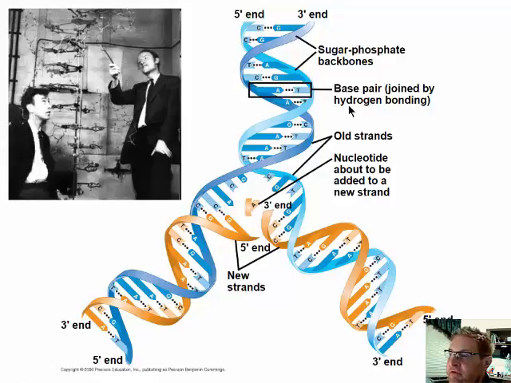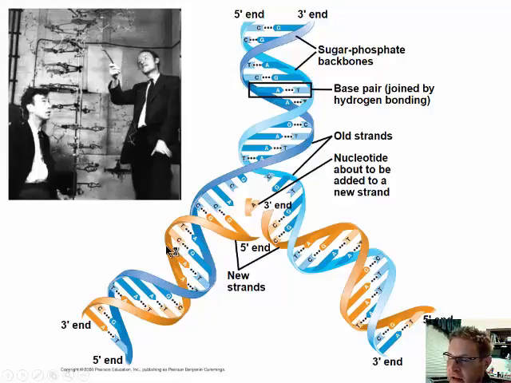The nitrogenous bases are then in the pairs of CG and AT, bound together with hydrogen bonds. Hydrogen bonds are relatively weak, so we can very easily pull these two ribbons apart so that we can replicate it.